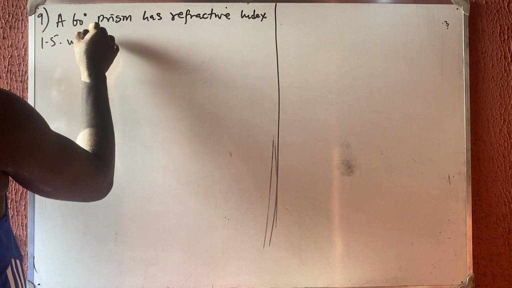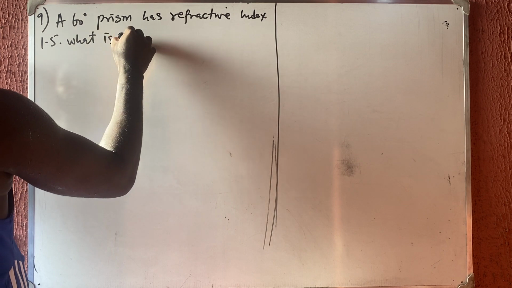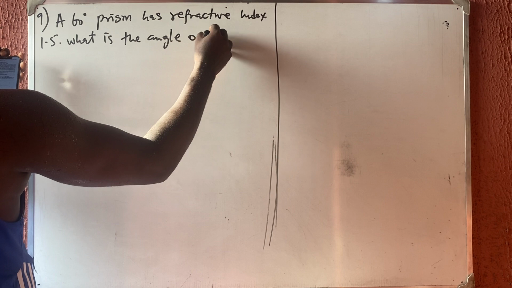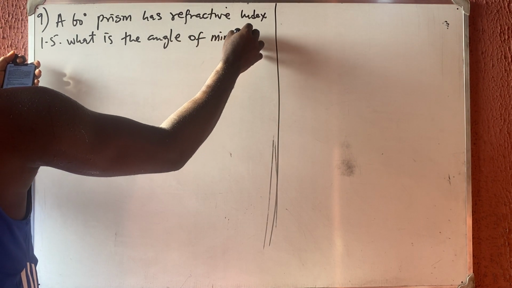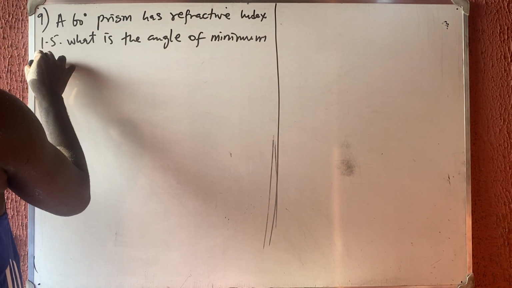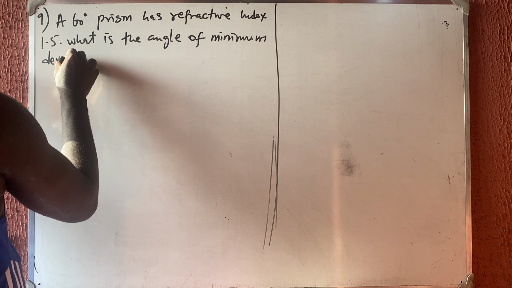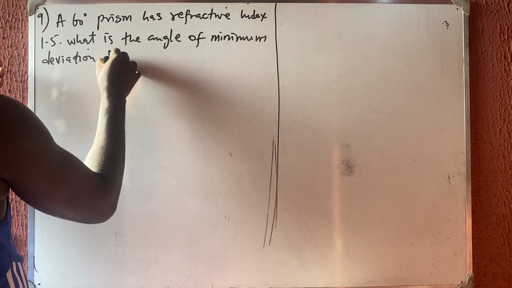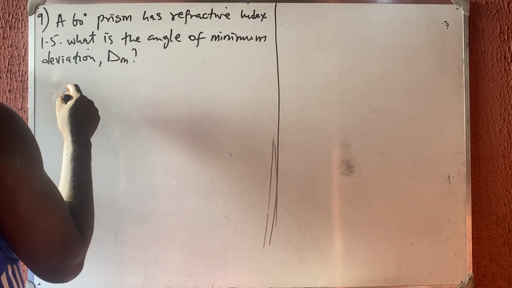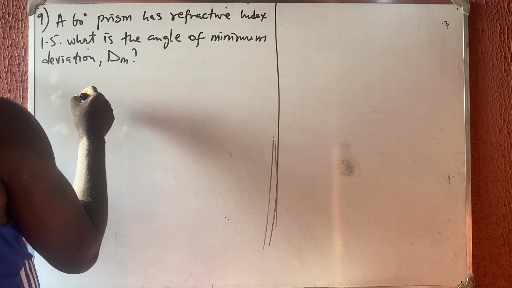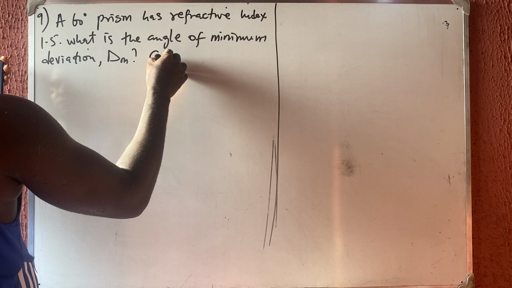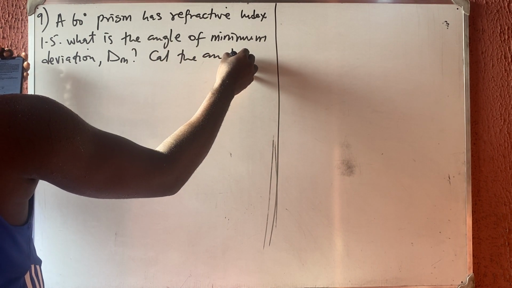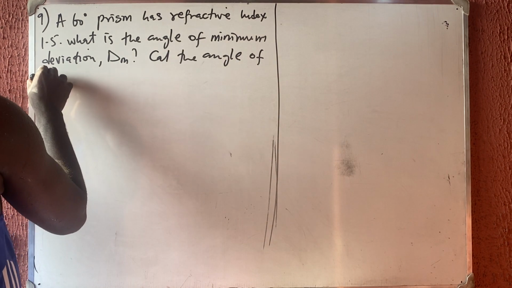Then I say, what is the angle of minimum deviation, that is Dm? Then I also say calculate the angle of refraction.